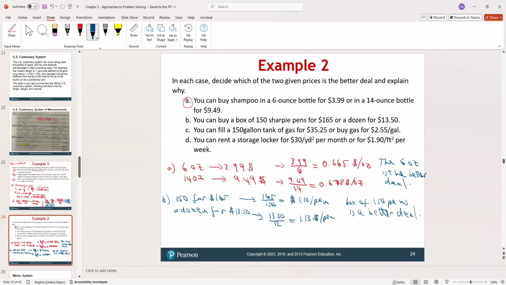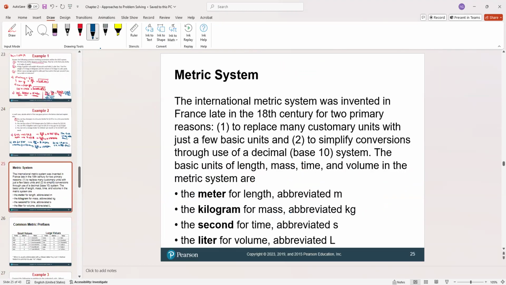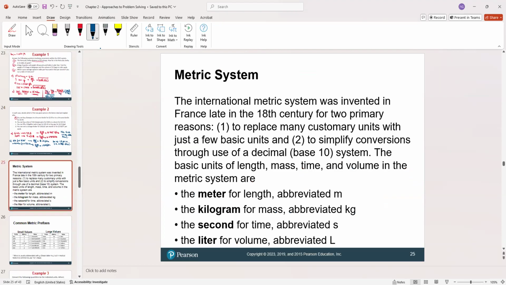right? So it's all about system units, even though you see that we're doing something different here, by doing the conversions anyway. As we see, the US customary system of measurements is something we use all the time in the US, but at the same time, that's not the only system that exists in the world.